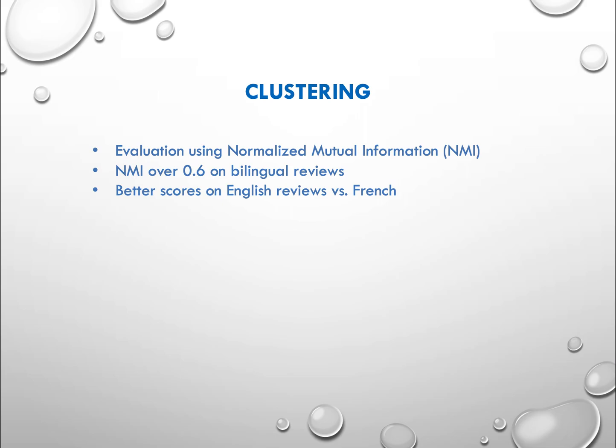Performance was measured using normalized mutual information, or in short NMI, between model clusters and those created manually by annotators. An NMI score close to 1 indicates greater agreement. The overall NMI achieved on the bilingual dataset was 0.6 plus, indicating reasonably meaningful clusters according to the underlying topics within the reviews.